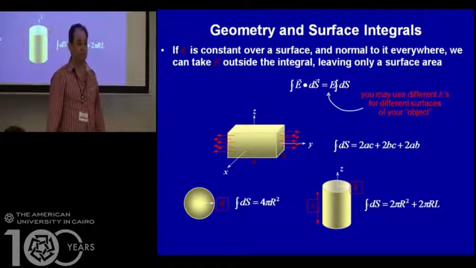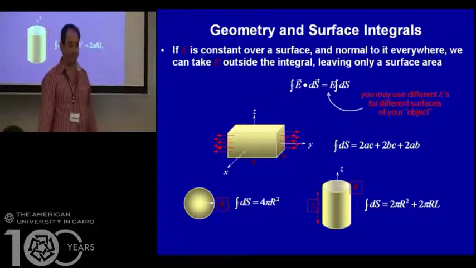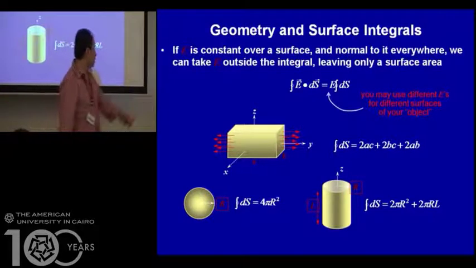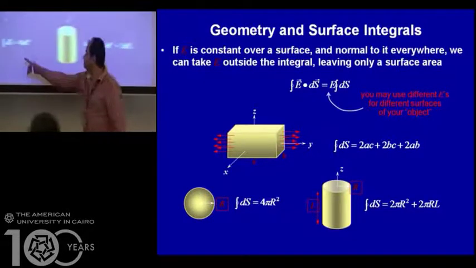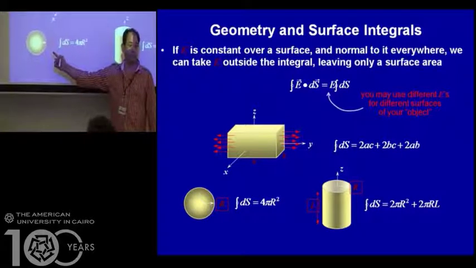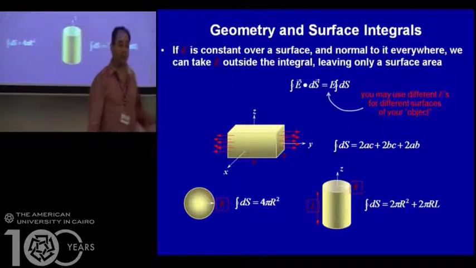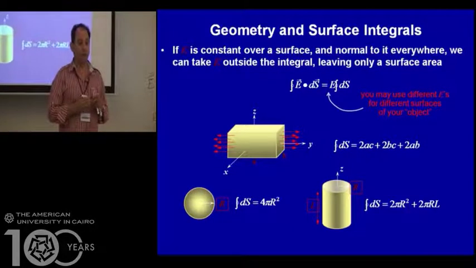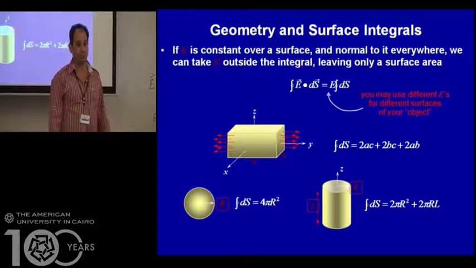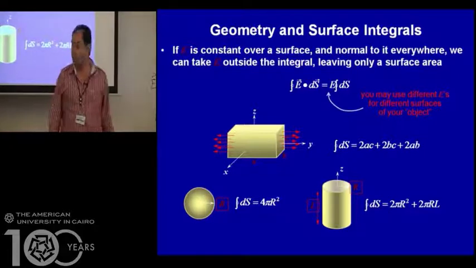How did you get that? Which one? The 4 pi r squared? That integration. Okay, what is the area of the sphere? 4 pi r squared. No, you don't have to integrate.